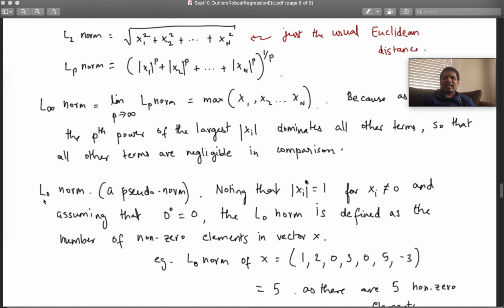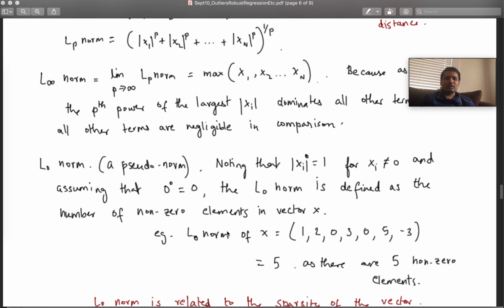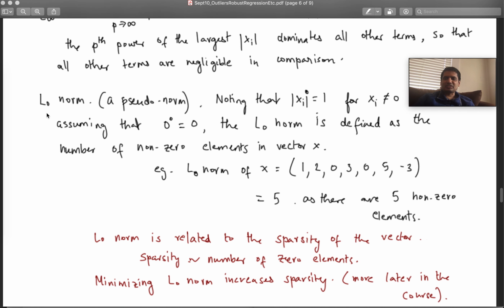There's something called the L0 norm, which people would say is not actually a norm. In other words, it doesn't satisfy the properties that norms should satisfy. But by convention, the L0 norm is defined as the number of non-zero elements in an array like this or in a vector.